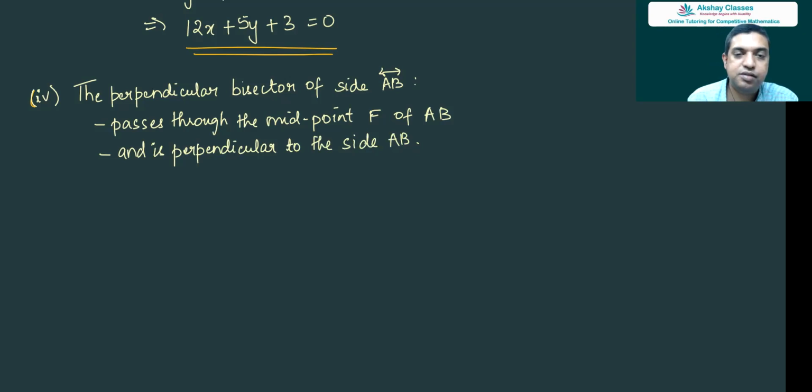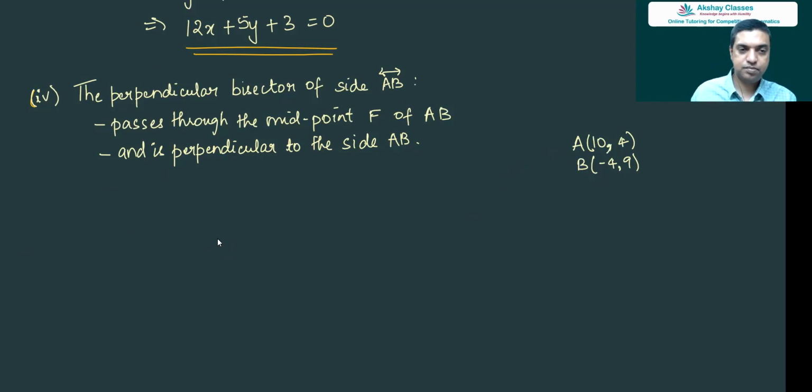So two conditions. So A, we'll write here, is (10, 4). B is (-4, 9).